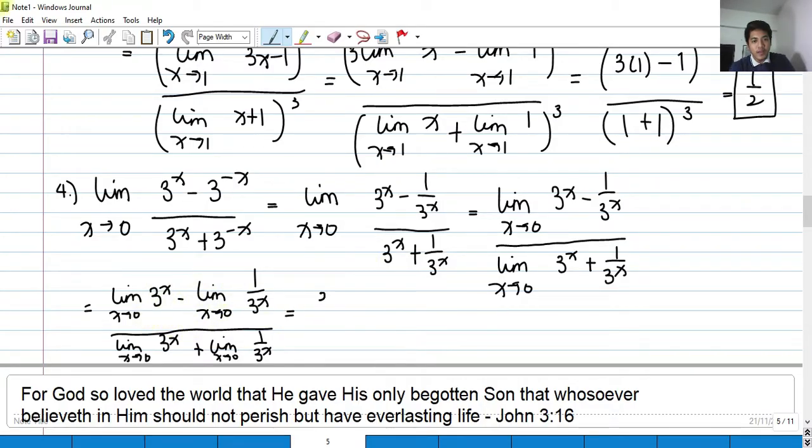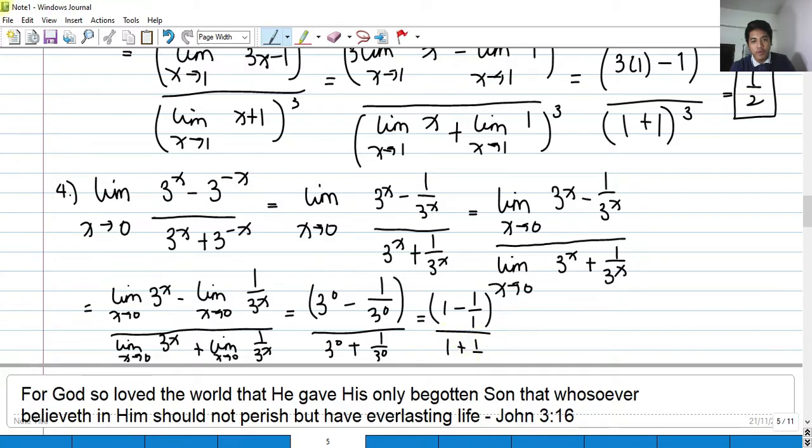So we have 3 raised to 0 minus 1 over 3 raised to 0, over 3 raised to 0 plus 1 over 3 raised to 0. Any number raised to 0 is equal to 1, because 3 raised to 0 is 1.